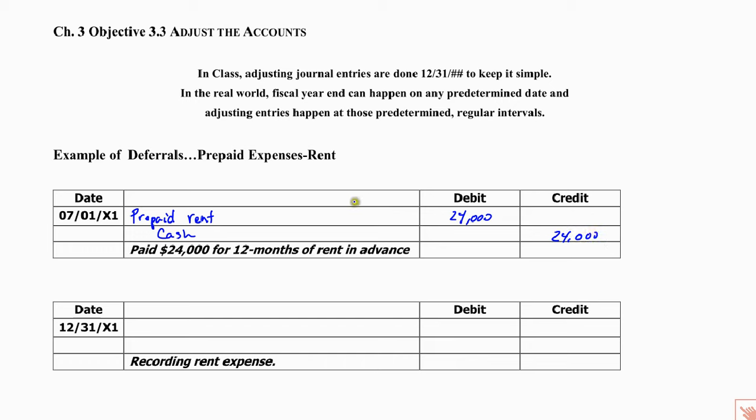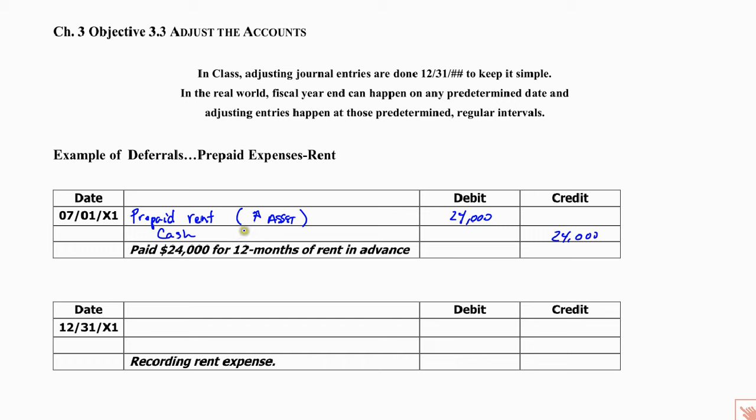So right now, this is an increase in an asset. So prepaid rent or any prepaid expense, this is kind of weird. Prepaid expenses are assets. Once again, if you pay your insurance for the year and then you cancel it halfway through, you get half your premium back.